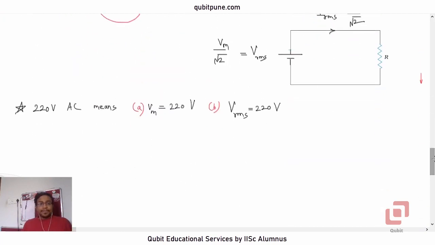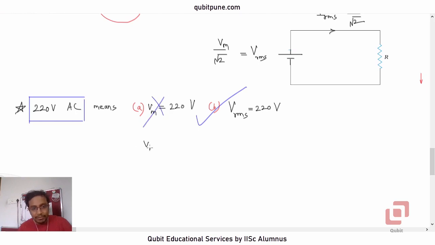One more point, you might already be knowing this. When we talk about 220 volt AC, does it mean that the amplitude is 220 volt, or does it mean that the RMS value is 220 volt? What's the correct answer? B. Yes, exactly. It's the RMS value that is 220 volts. So this is right, this is wrong.